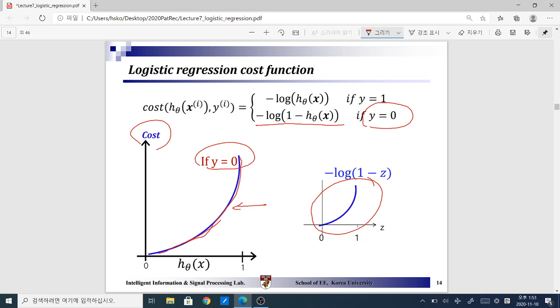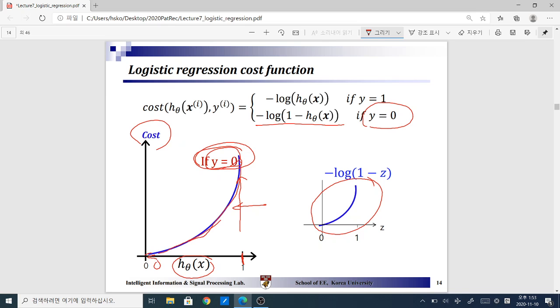So once again, for the case of the label being equal to 0, as you can see, if the prediction says 1, which is right here, when the label of the sample is equal to 0, then the cost should go really high. On the other hand, if the prediction says 0, as well as the label being 0, then the cost should be equal to 0.